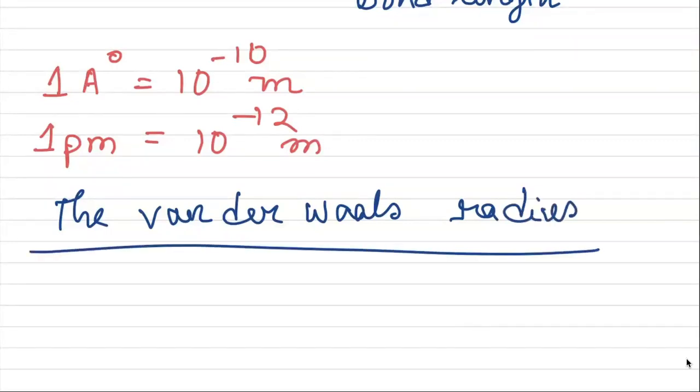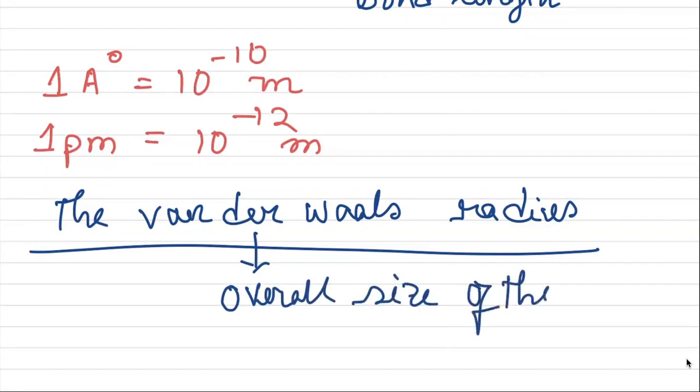The van der Waals radius represents the overall size of the atom, which includes its valence shell in a non-bonded situation.